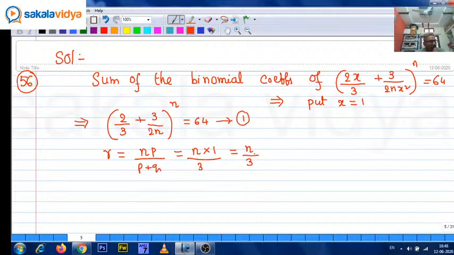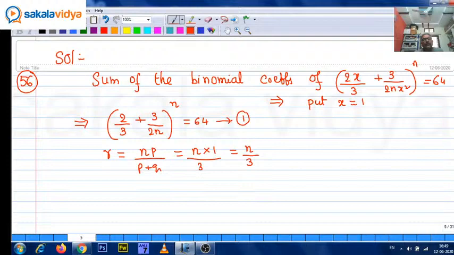n should be the multiple of what now here? Definitely n should be a multiple of 3. For example, substitute n is equal to 3, what happens? 1 by 2, no, you won't be getting. For example, if n is equal to 6, 1 by 4.